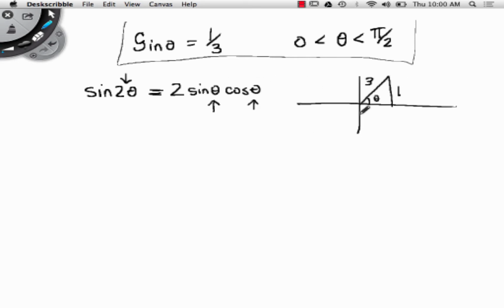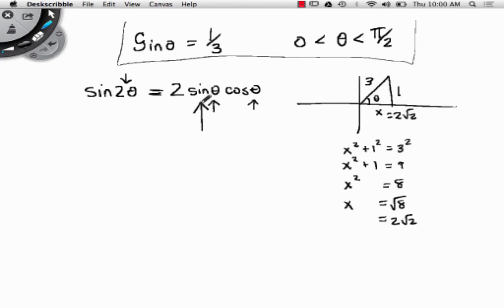So I use the Pythagorean Theorem: x squared plus 1 squared equals 3 squared, so x squared plus 1 equals 9, so x squared equals 8, so x equals the square root of 8, which is 2 square roots of 2. So this has to be 2 square roots of 2 right here.